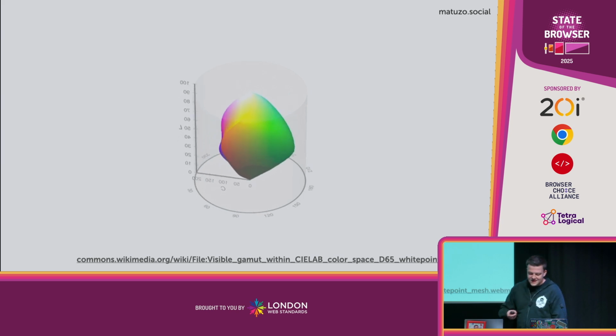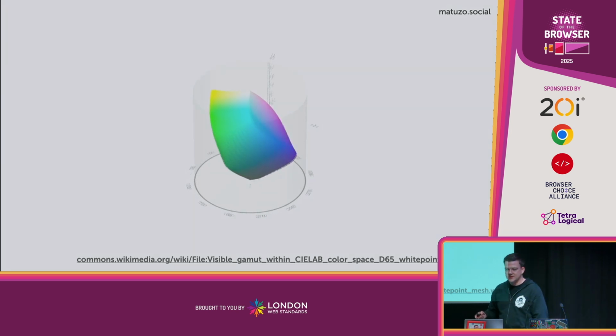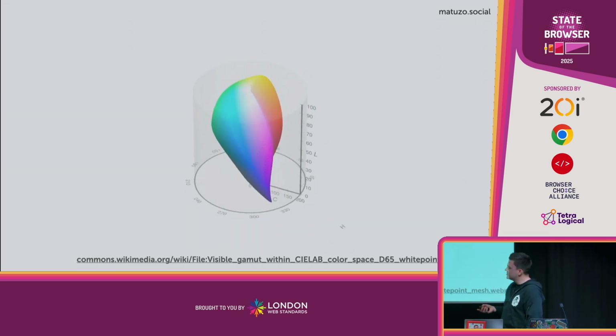Just as HSL is an easier to use, cylindrical representation of RGB, LCH is an easier to use cylindrical representation of Lab. We have a lightness component, a chroma component, which is relative saturation, and also a hue.